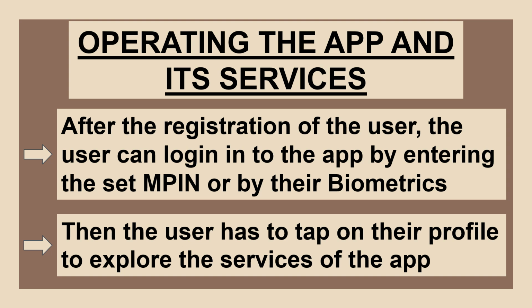Operating the app and its services. After registration, the user can log in to the app by entering the set MPIN or by their biometrics. Then the user has to tap on their profile to explore the services of the app.